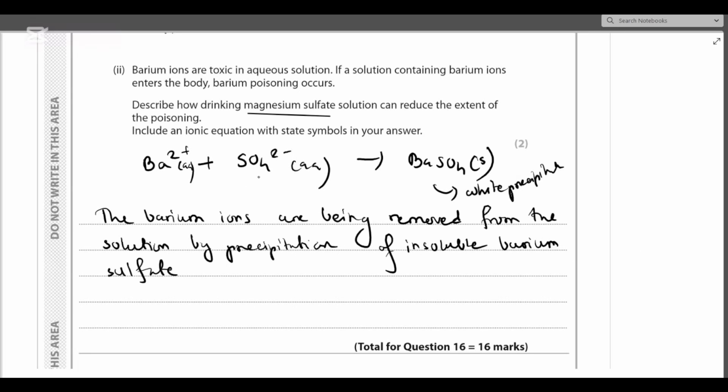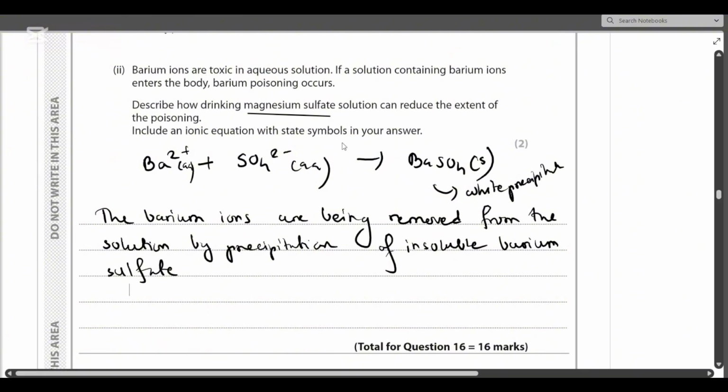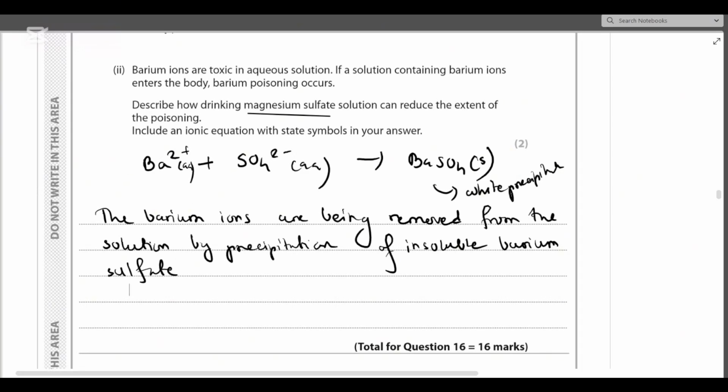As you can see clearly in this ionic equation, this is produced and abolished from the body. Hence, this will reduce the extent of the poisoning coming from the barium ions that enter our body.